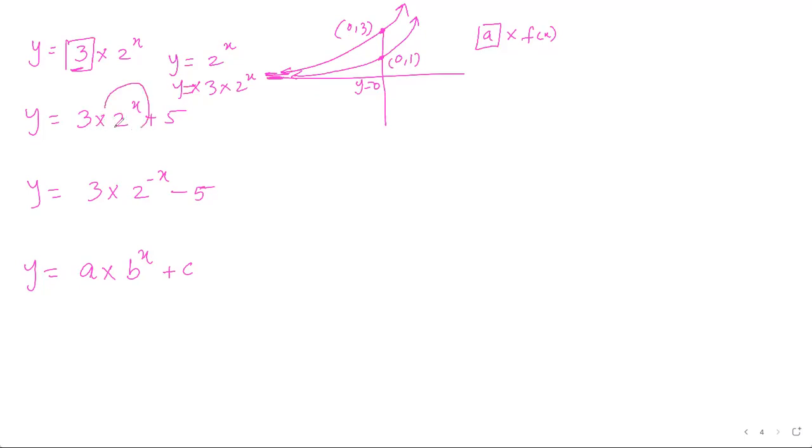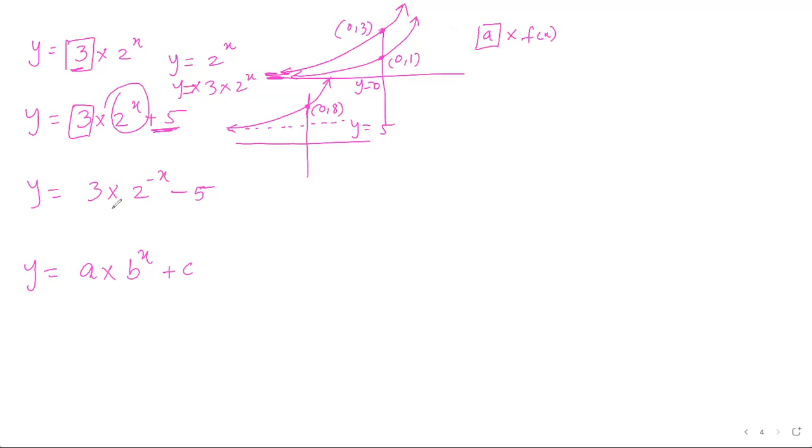You take the original function 2 raised to x, stretch vertically by a factor of 3, and then move the graph 5 units up. So if I look at this graph, it is here. Now you'll have a new asymptote, which is y equals 5, and your graph is going to become something like this. It is going to cut here at 0 comma 8 now, because earlier it was cutting at 0 comma 3, and if you further move 5 units up, you get that.